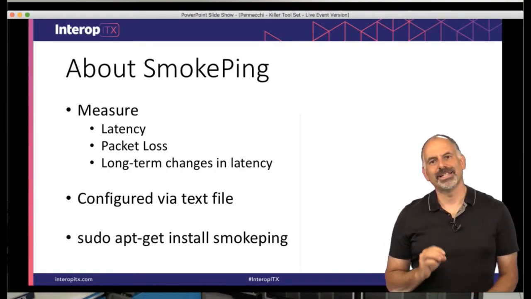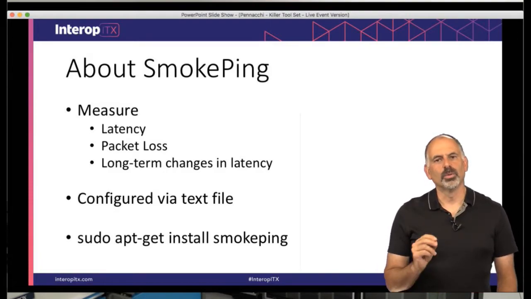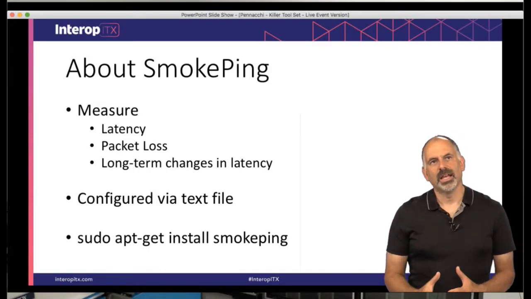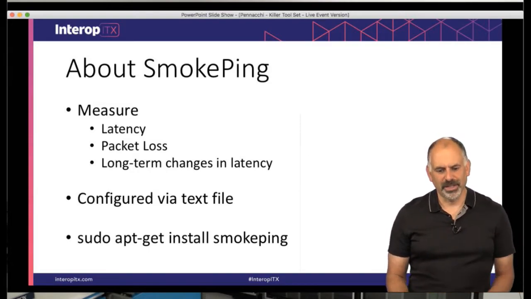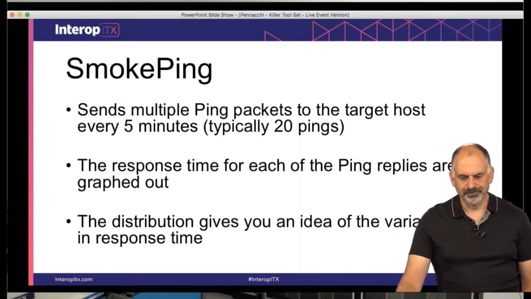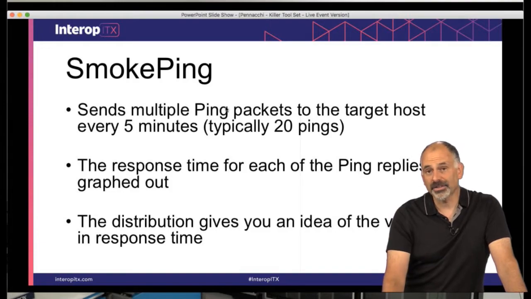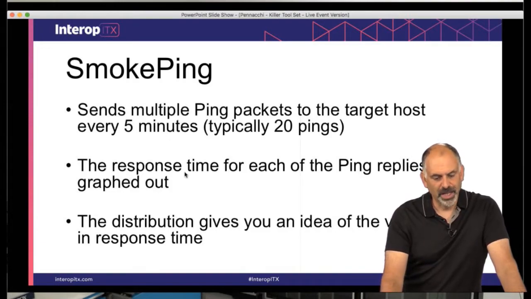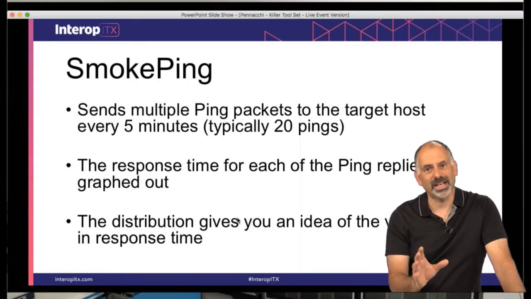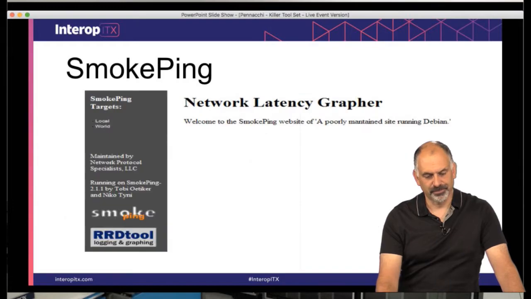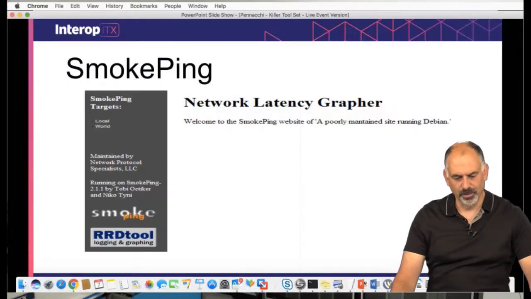Every 5 minutes, we send 20 ping packets to that device. It then graphs that ping response time over time. The response time for each of these is graphed out, and the distribution gives us an idea of the variation in these ping times. So let's take a look at SmokePing.